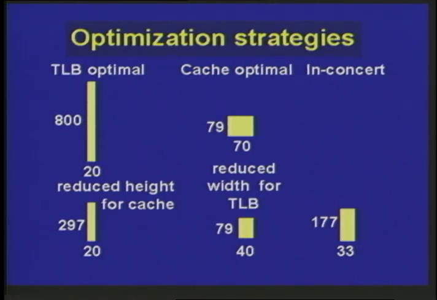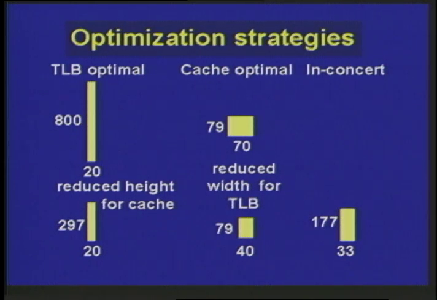We get 800 by 20 height and width. But what happens when we do that, just looking at TLB, is that if we run that program with this tiling, cache thrashes terribly. This is not a good choice for cache. So then we go back and say, how can we cut this down to make this acceptable and get both good TLB and cache performance? So we do another optimization problem, but here we're just allowing ourselves to cut down the height. And in that case, we get a 297 by 20. Okay, so that was one strategy.